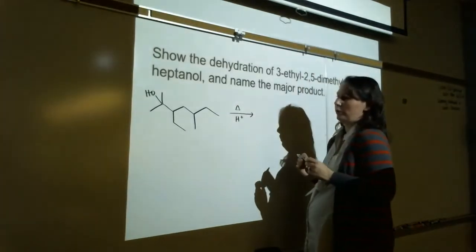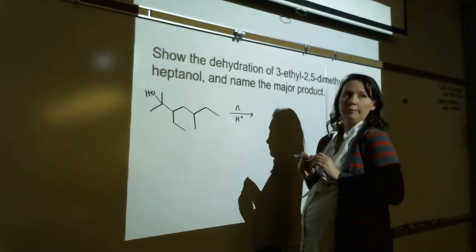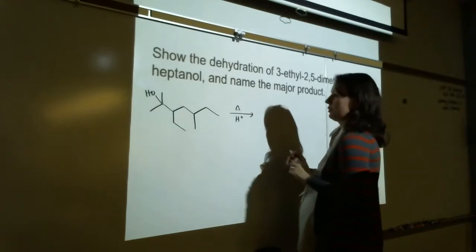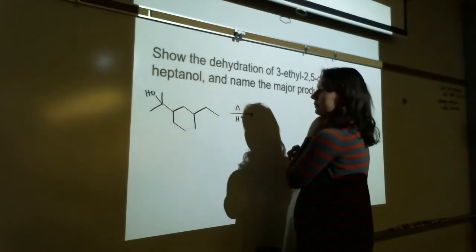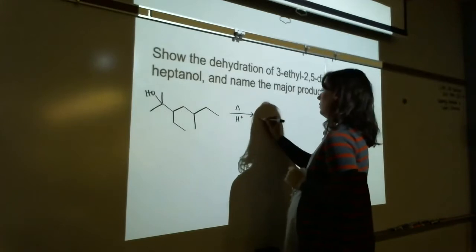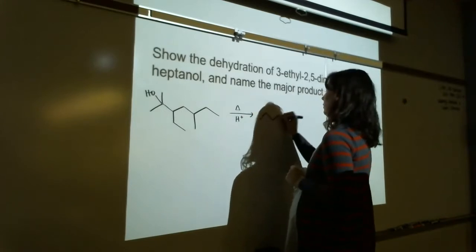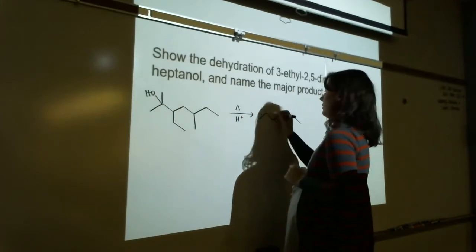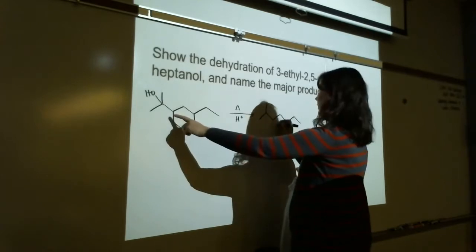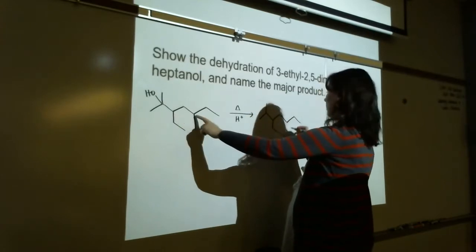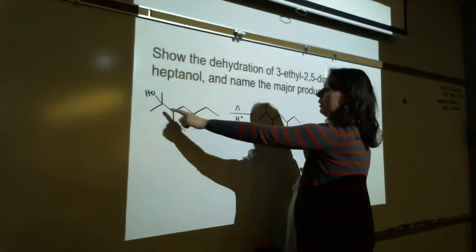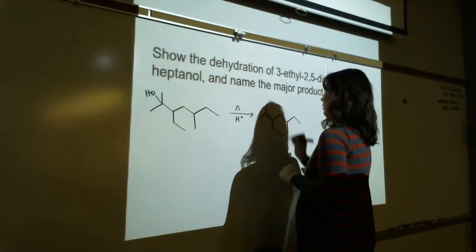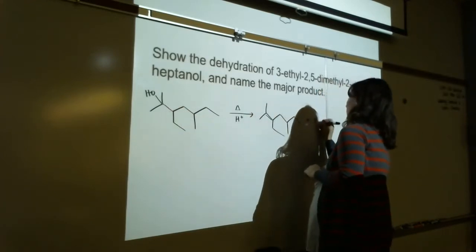Is Zaitsev's rule going to apply? Yes, it is, right? Is it going to be on the left or on the right? On the right. 1, 2, 3, 4, 5, 6, 7. So all of our substituents are still there. Now we need our double bond, and then we need our H2O.